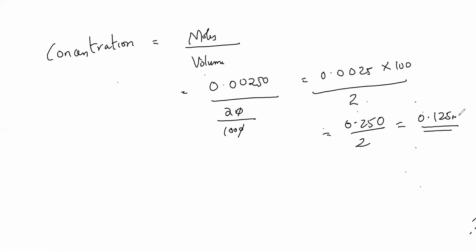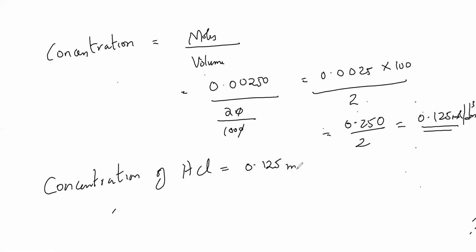But don't forget to put mole per decimeter cube. That's all. So our concentration of HCl is 0.125 mole per decimeter cube.